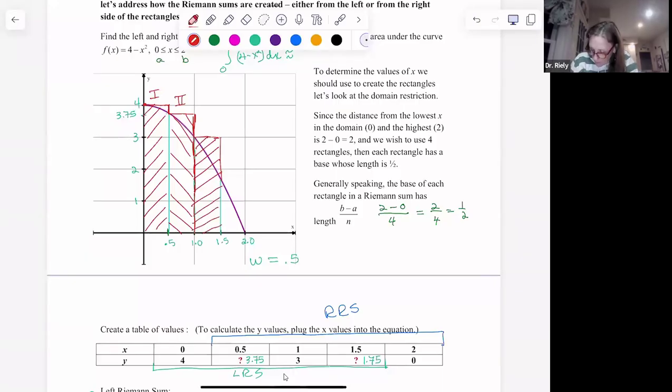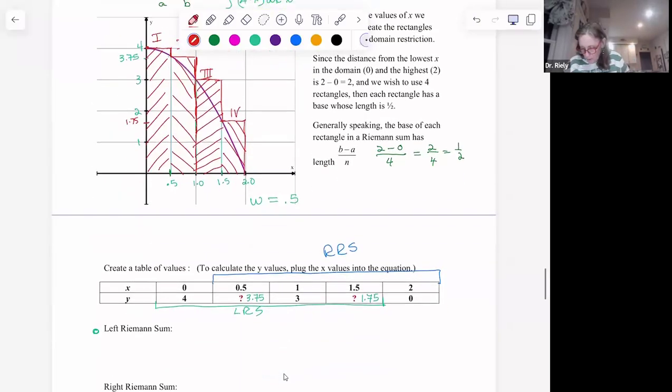So I'm going to come up from 1.5, hit the curve right here, and go across at 1.75 and come down. Then we're going to go this way with that. And that's rectangle 3 and rectangle 4.